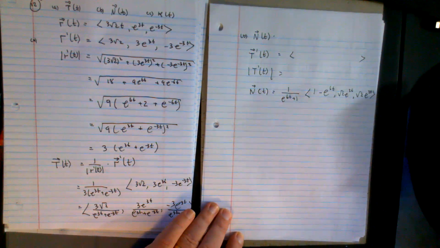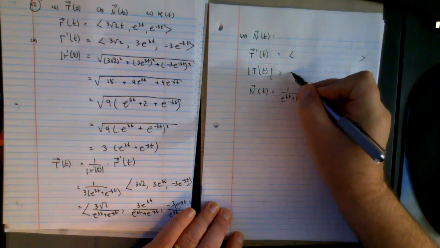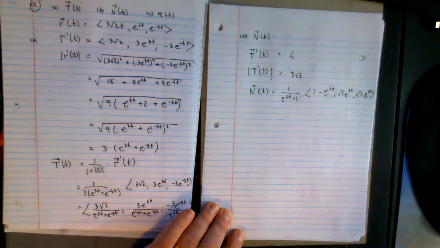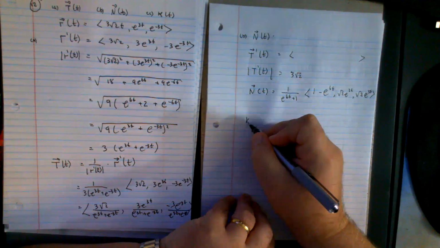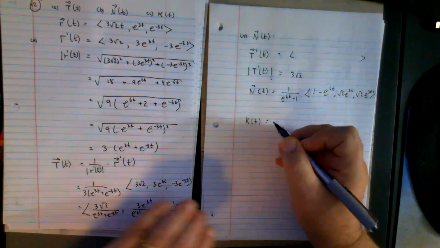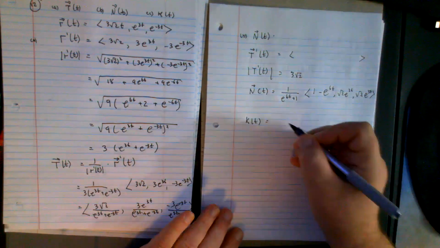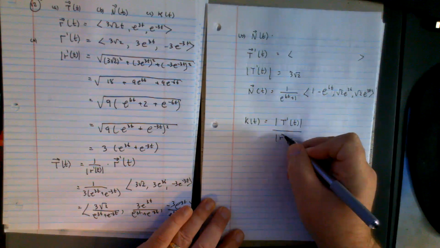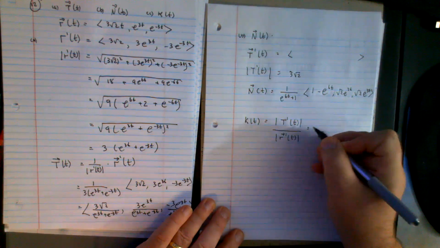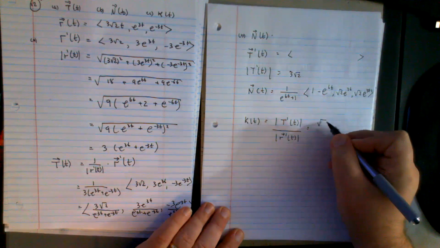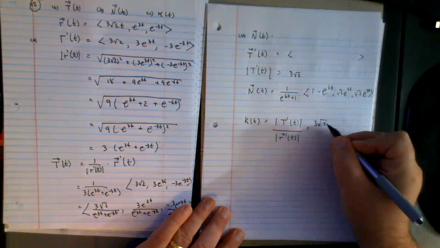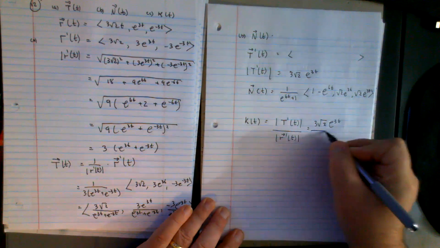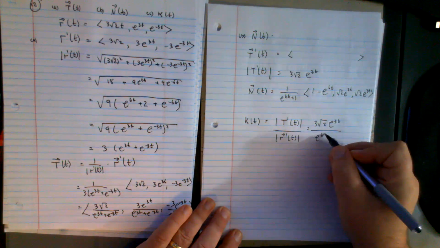And the unit tangent vector ends up looking like that. So when you do the curvature, and the curvature, as we know, is the magnitude of the derivative of the unit tangent vector divided by the magnitude of the first derivative, we get square root 2, 3, e to the negative 3t divided by e to the 6t plus 1.